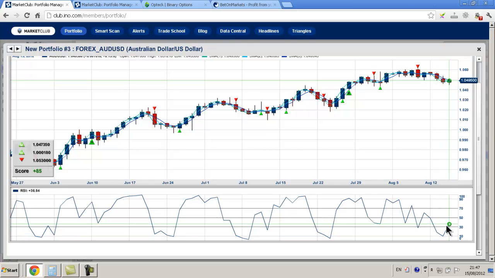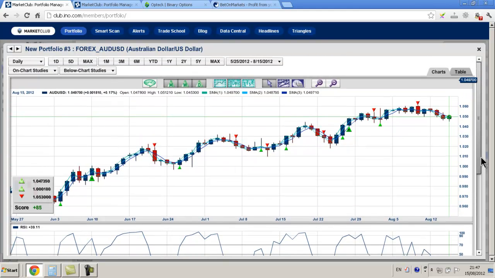And if I'm selling, definitely below 30, and the lower it is to 0, the better. Now a lot of people use that the other way around. They say it's overbought if it's high up here, and it's oversold down here. But I use it in the opposite direction, and well, I get results. So that's all I can say about that. Okay, so we've got that set up now.